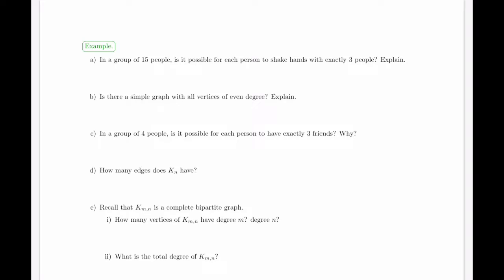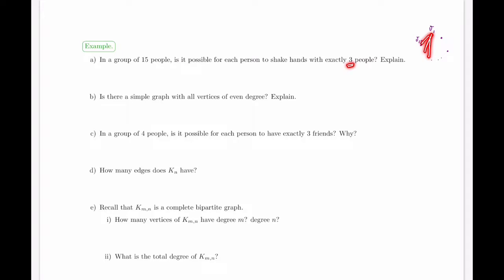First up, we have, in a group of 15 people, is it possible that each person shakes hands with exactly 3 other people? So if you imagine the 15 people as the vertices of your graph, so let's say from 1 to 15, is it possible that every vertex, every person, is connected with exactly 3 other people?